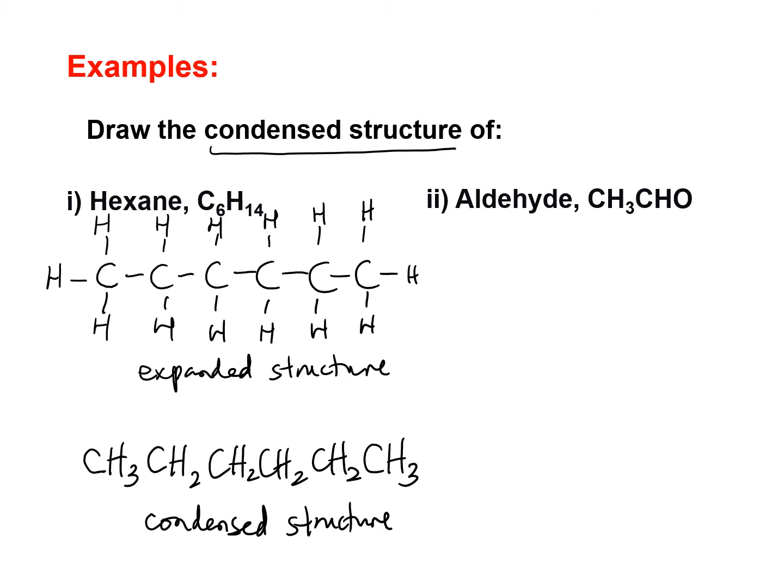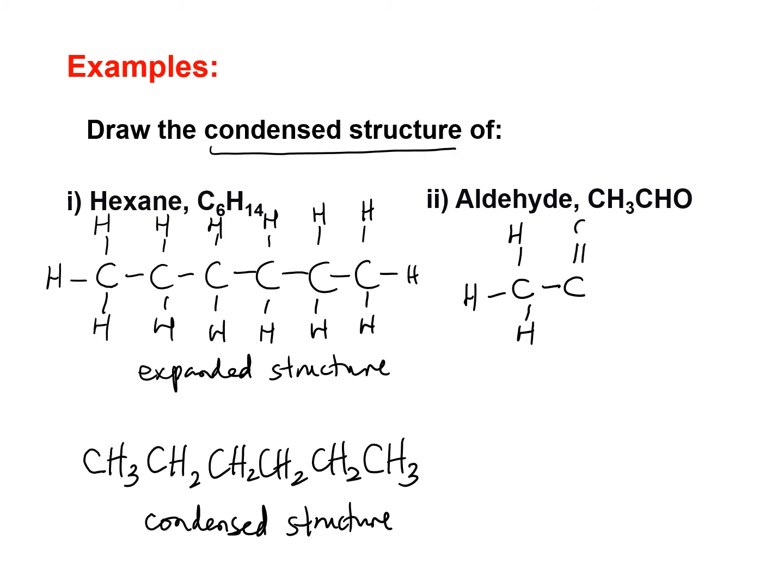Okay. Second example, aldehyde, CH3CHO. So we have carbon 1, 2, 2 carbon. Okay, and then each carbon will have 4 covalent bonds. Alright, CH3, and then this is CHO for aldehyde.